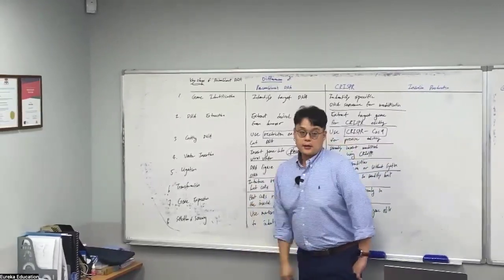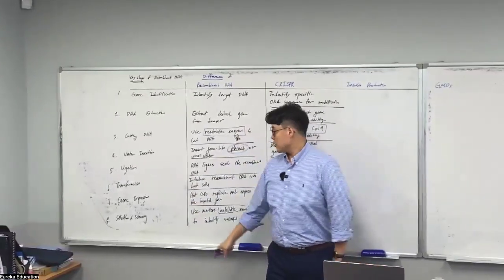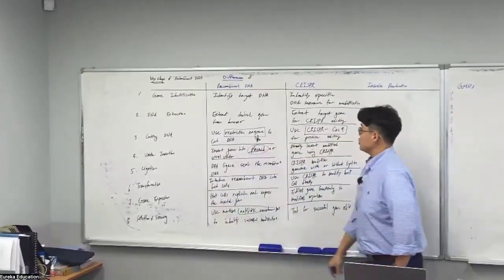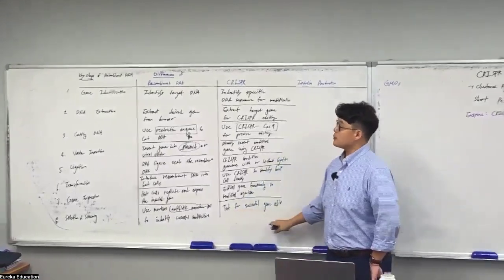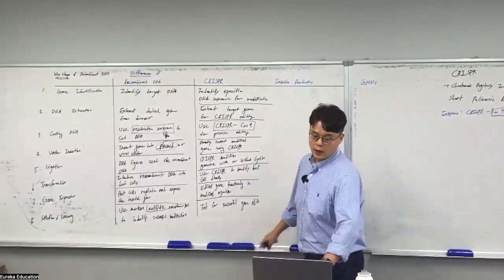Host cells copy and paste it in the bacteria, and then we get the selection and screening. I'm just writing down the difference between recombinant DNA and CRISPR for now. So you will get a lot of questions related to CRISPR.